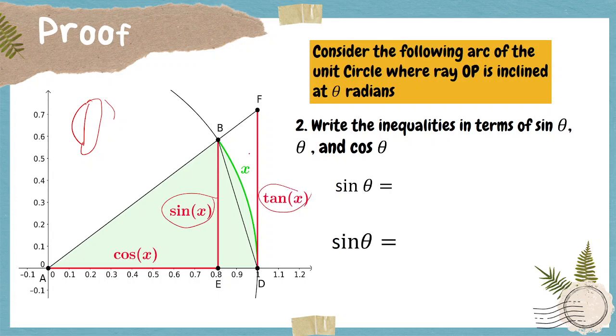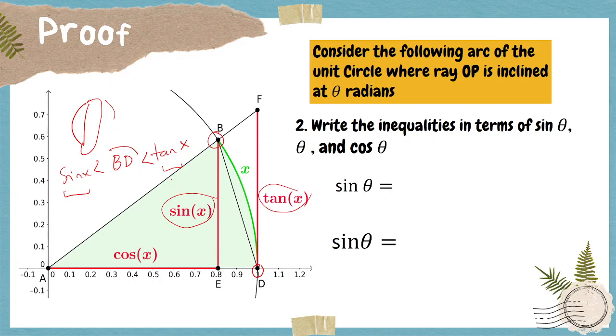So basically, this arc BD is the one sandwiched between sin x and tan x. Gets? This is the arc BD here, and we have a lower function sin x bounded by the tangent x.